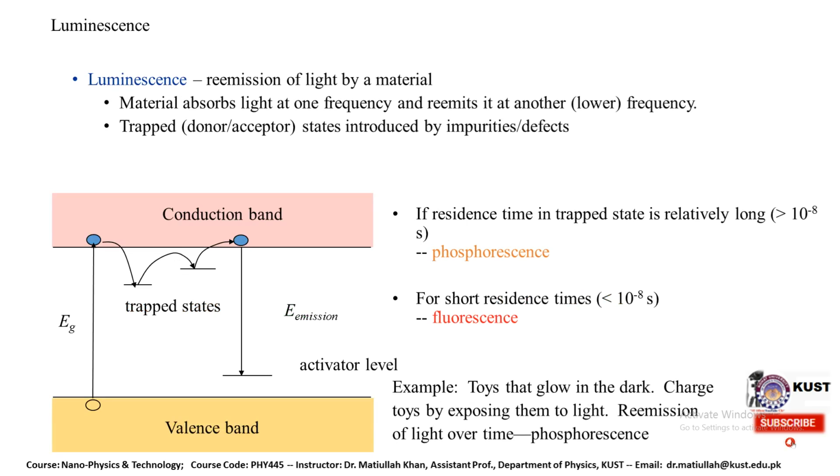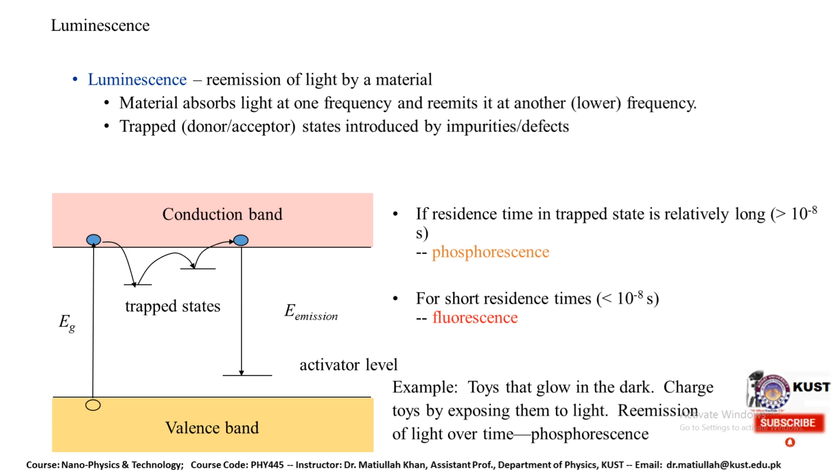Luminescence is one of the optical properties, and in luminescence there is re-emission of light by a material. The material absorbs light at one frequency and re-emits it at another frequency. This is called the luminescence process. The donor or acceptor states are introduced by impurities or defects, and that plays a major role in creating light of different wavelengths.